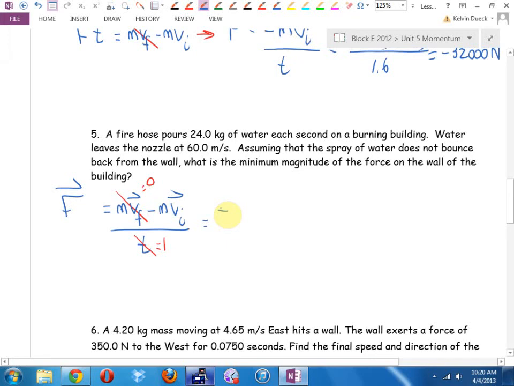Mass 24, velocity 60. 2 times 6 is 120. 1,440? Negative? Newtons.